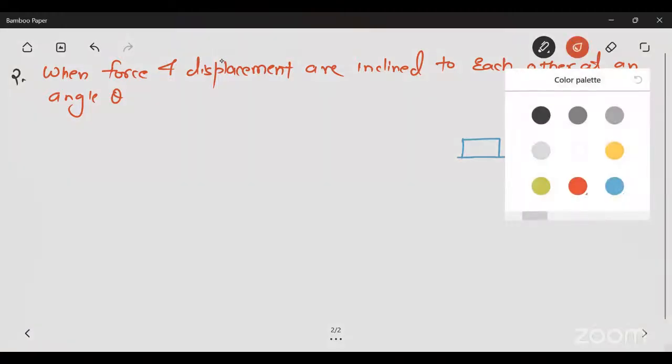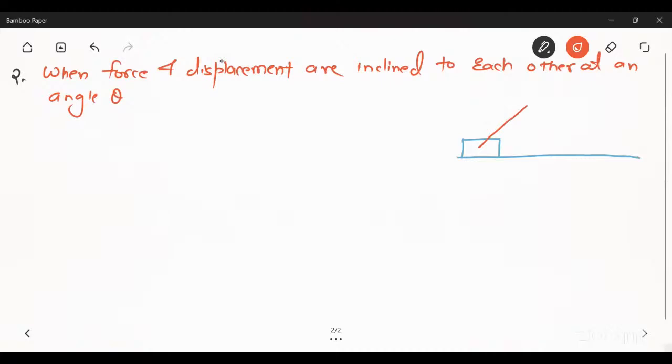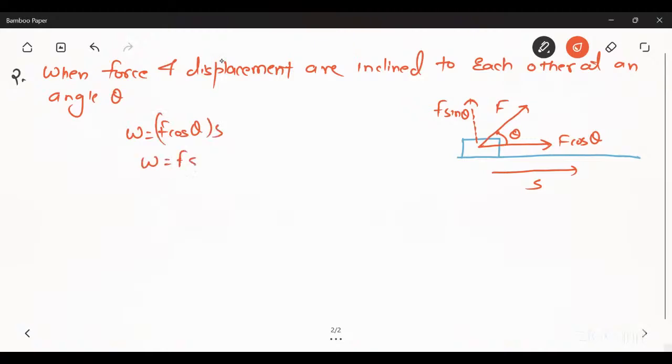If you apply a force at an angle theta, but the body displaces in that direction, what do we have to take? We have to take that component of force which is F cos theta, which is in the direction of displacement. Okay. So what is the work done in that case? F cos theta into S. So on multiplying, you will get F S cos theta, or you can say F dot S.